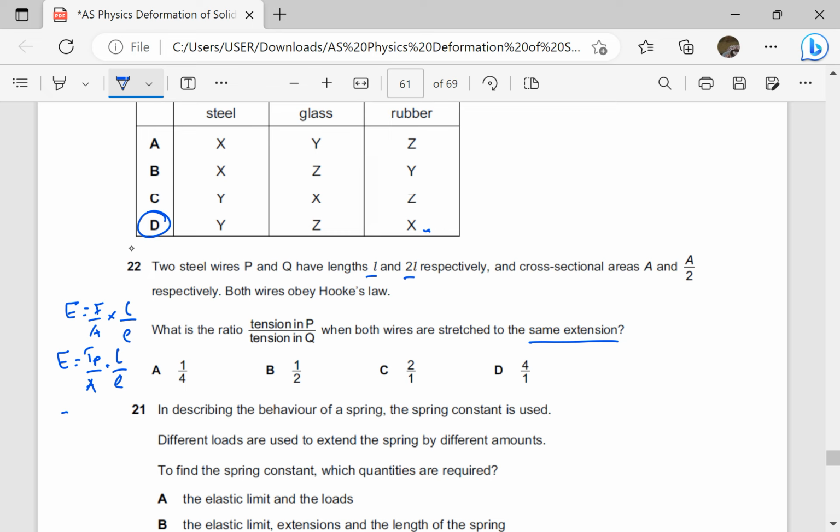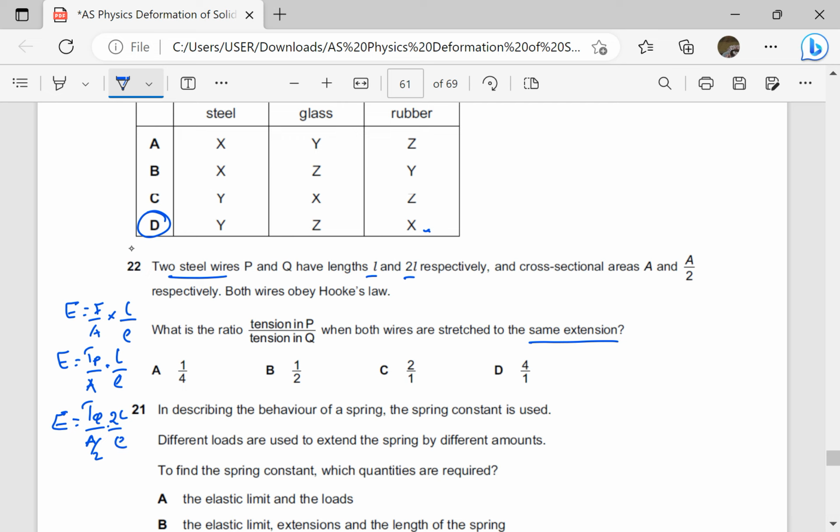Then for Q, they are both steel wires, so Young modulus is the same. It is also going to be tension in Q over the cross-sectional area, which is now A over 2, times the original length for Q, which is twice L, so 2L, over the same extension E. So I'm going to equate the two equations.